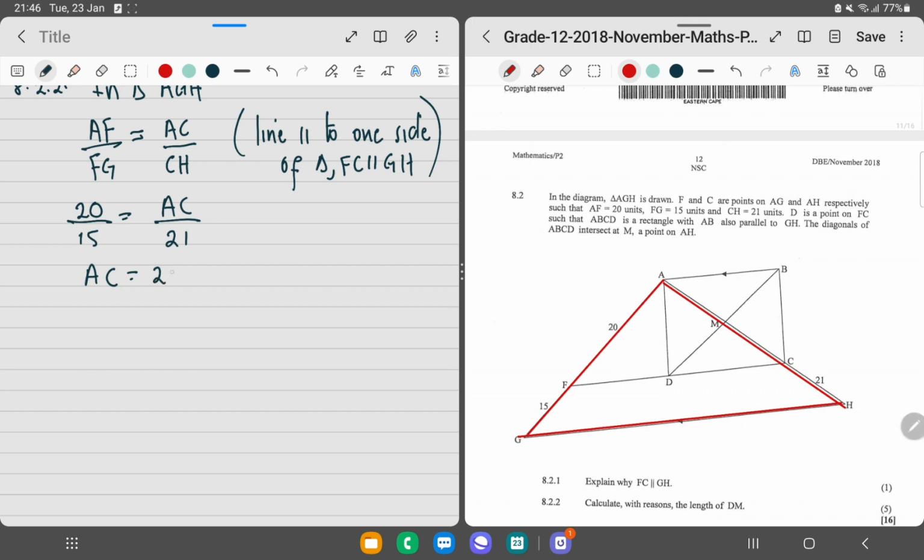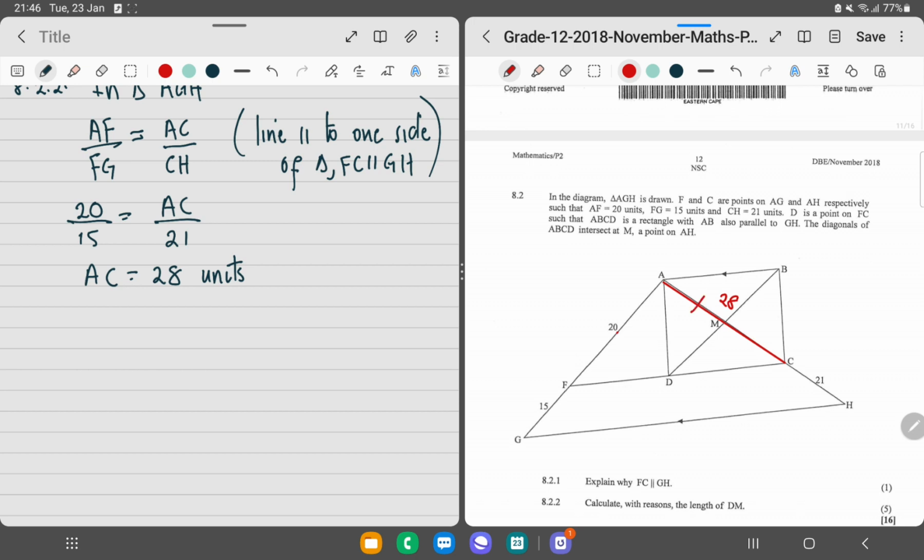So I am getting 28 units. So the length of AC is 28.